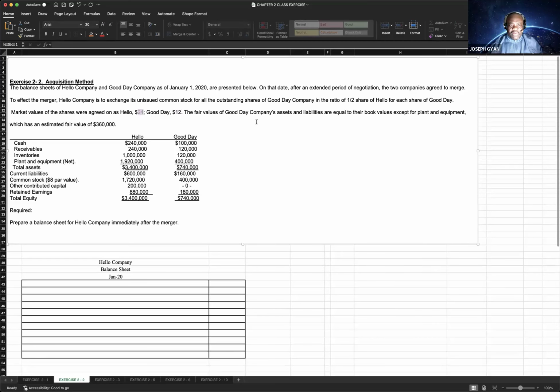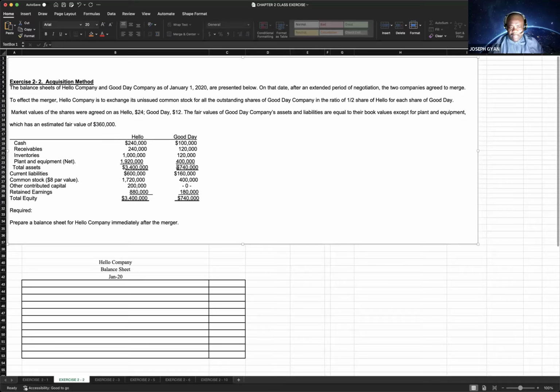The fair values of the Good Day Company assets and liabilities are equal to their book values, except that plant and equipment is valued at 360. So cash is the same amount as the market value, receivables the same, inventory the same, except the PPE, which is not 400 but 360 according to the market value.